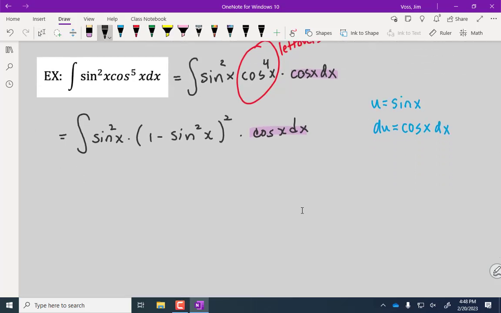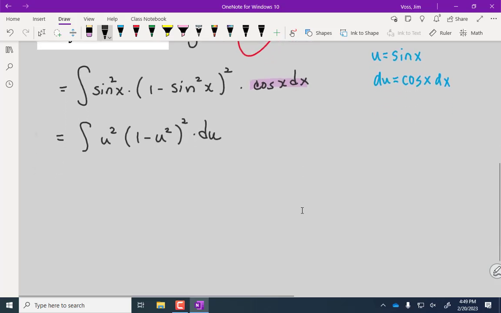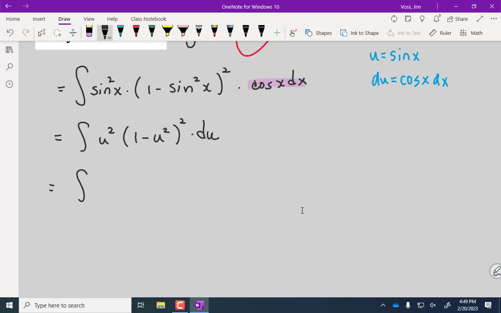So let's go ahead and do our u sub. You could multiply this all out ahead of time, but it's going to be a little easier to multiply this out when we just have u's. Any issues with that? All right, so then foil. You know how to foil?